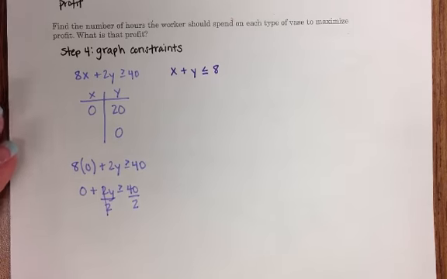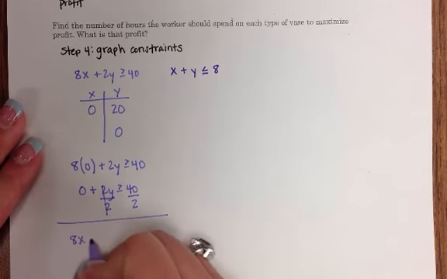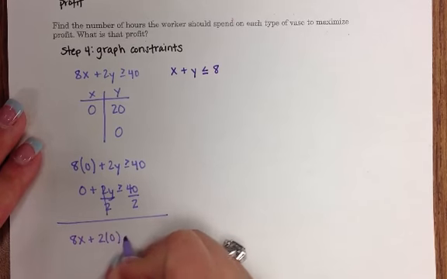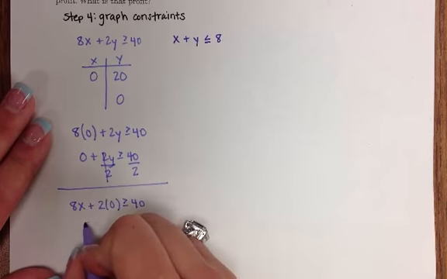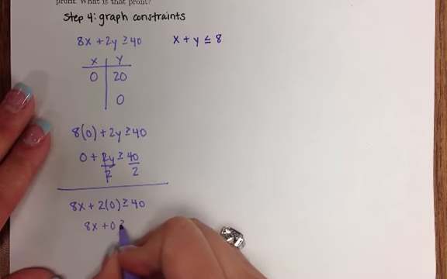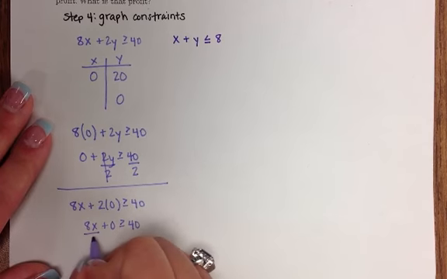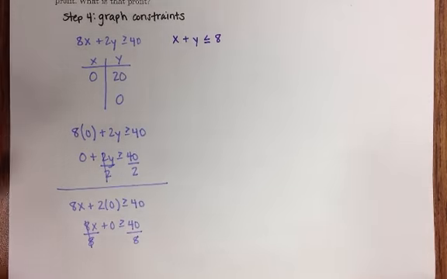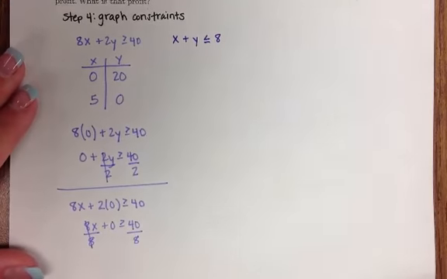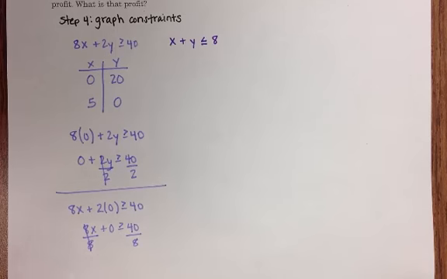Same thing, but now we'll plug in for y equal to 0. So now we have 8x plus 2 times 0 is greater than or equal to 40. So we have 8x plus 0 is greater than or equal to 40. Opposite of multiplying by 8 is dividing by 8. 40 divided by 8 is 5. So when y equals 0, x is equal to 5. Now we'll do the same thing with our other inequality.